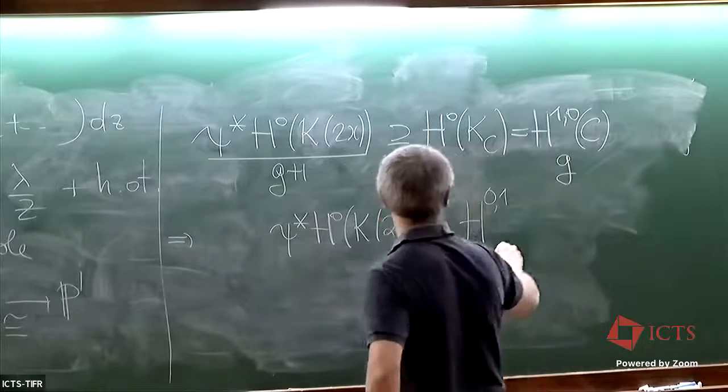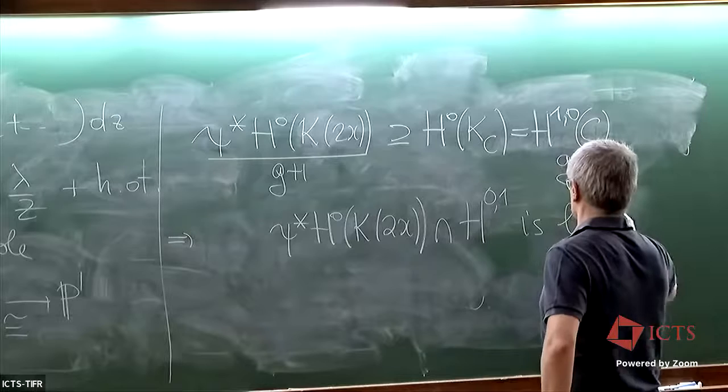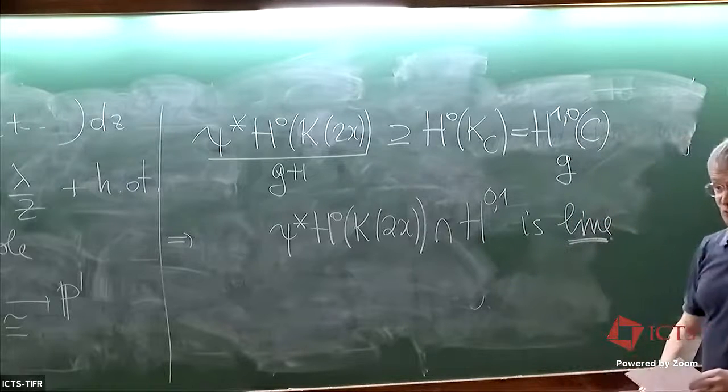So this is a line, a vector space of dimension 1.